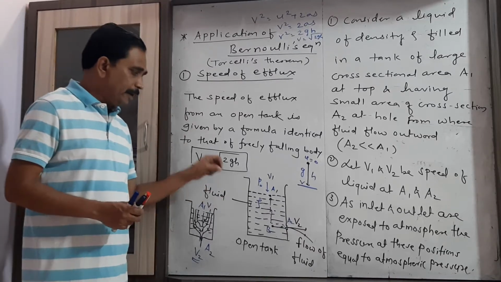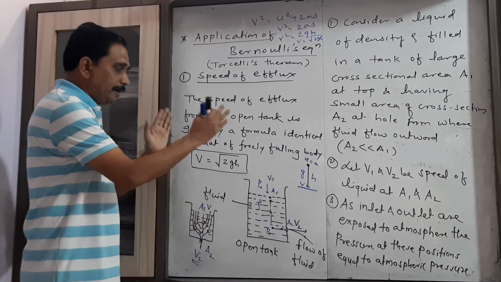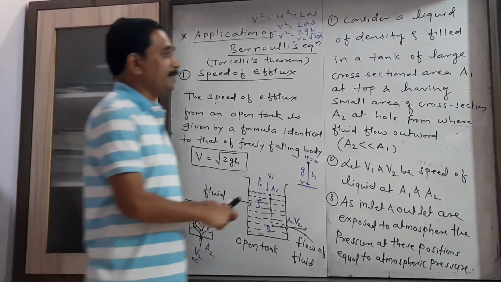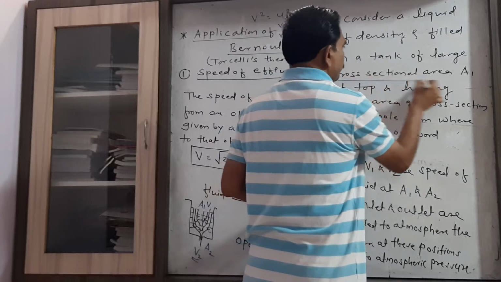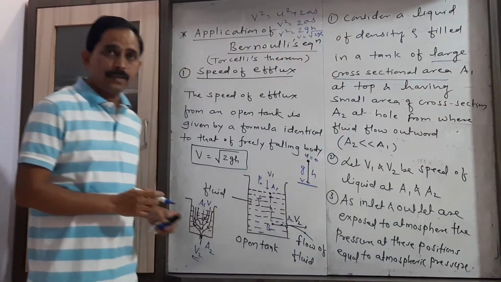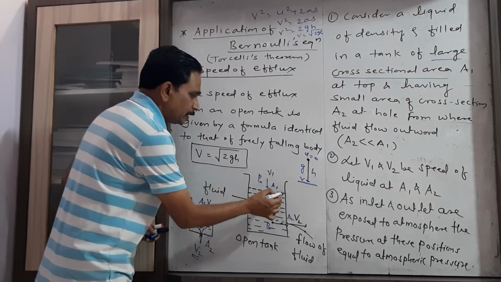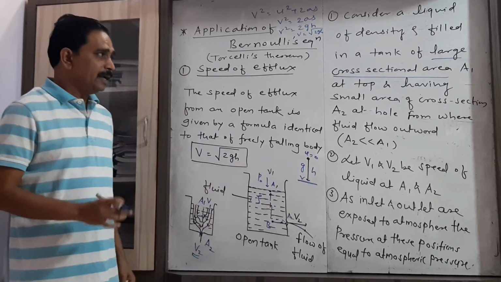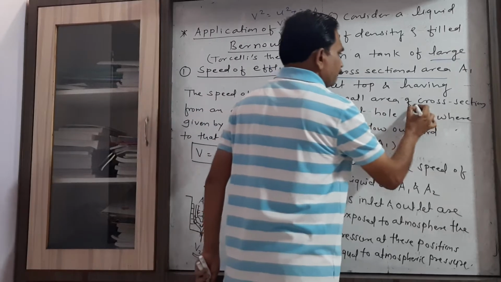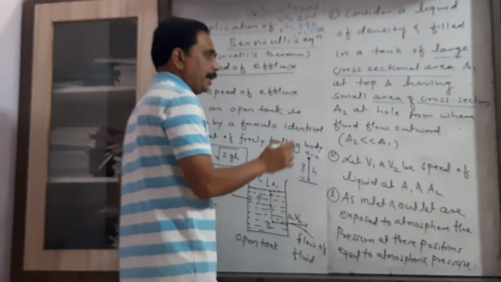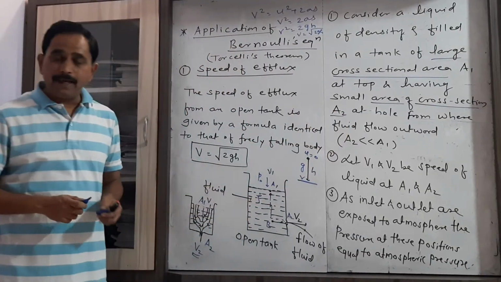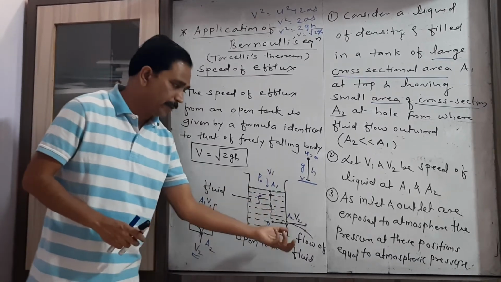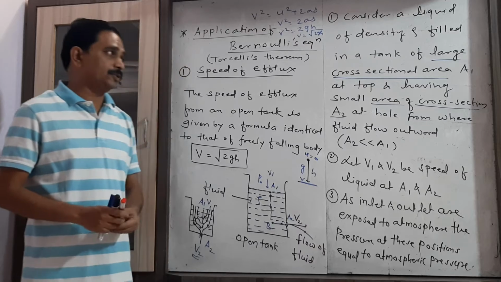Then that liquid is taken in a tank whose area of cross section is greater. So here, a tank of larger area of cross section A1. We consider the area of cross section at the top as A1, and a very small area of cross section A2 at the place from where that fluid is coming out to the atmosphere again.